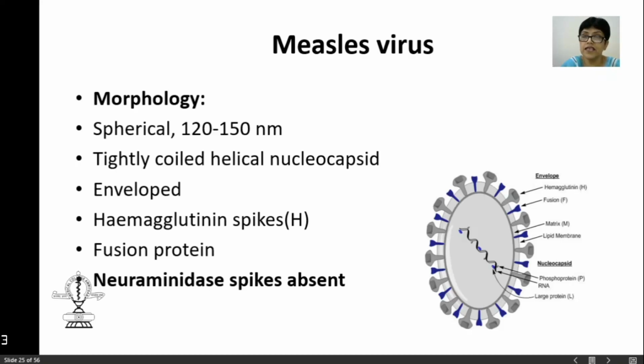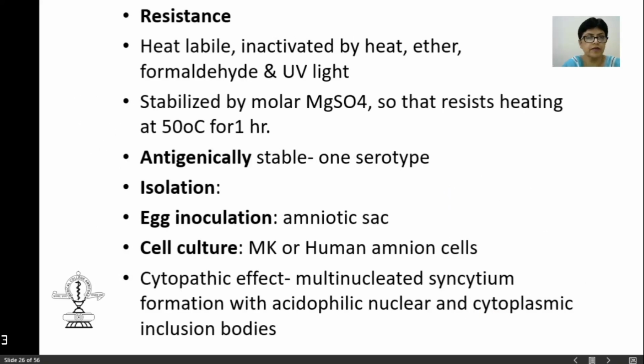So you will see hemagglutination of RBCs of various species, which will not be eluted once the hemagglutination has taken place. This is extremely important and needs to be remembered. Antigenically, we have only one serotype across the entire world, and for resistance, this is inactivated by heat, ether, formaldehyde and UV light.